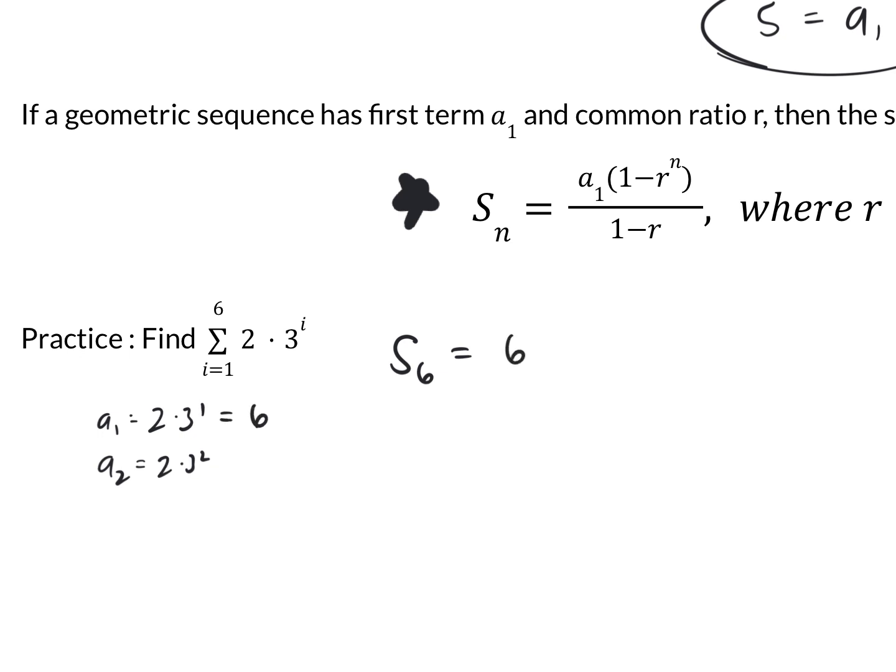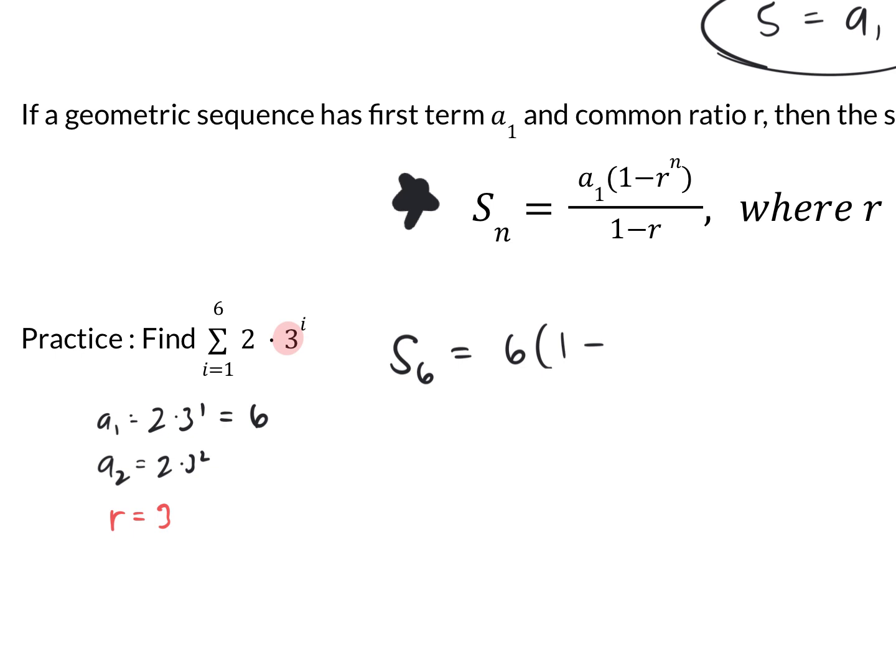So I've got 6 times 1 minus your rate, which is the base before your exponent. So I'm multiplying by 3 to the power of i, meaning each time I'm going to multiply by 1 more 3 to get my next term. So your rate in this case, your common ratio, is 3.